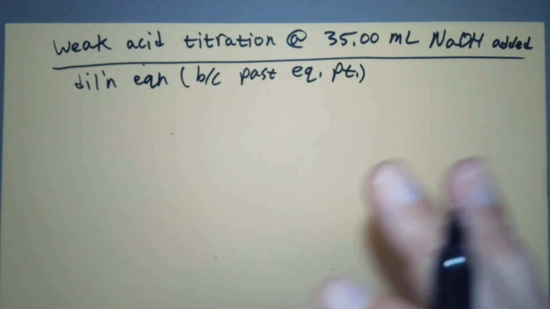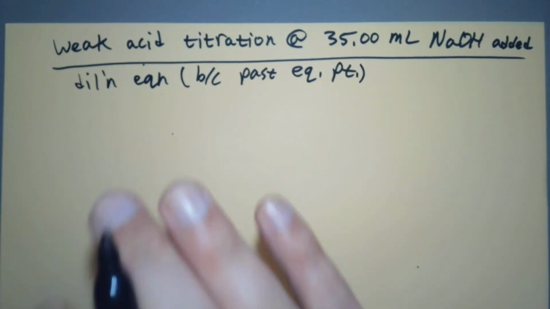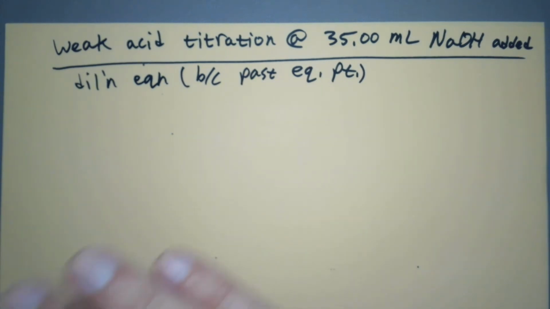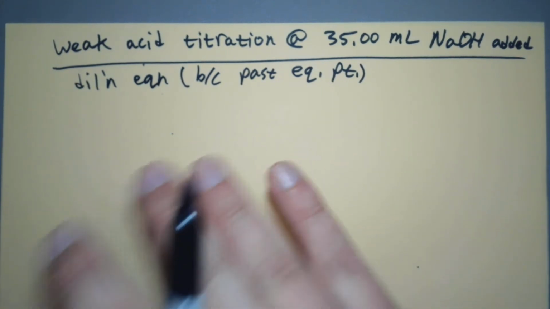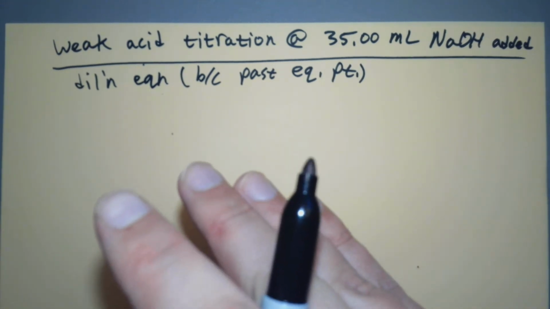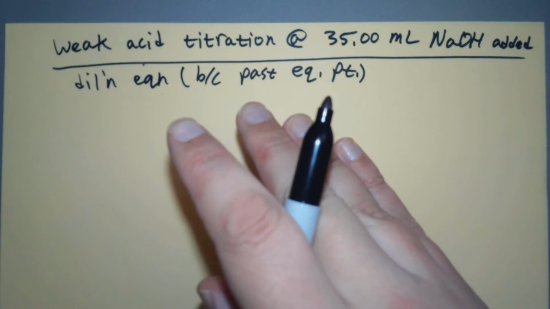And that's really key, I can't emphasize this enough, that you know where you are on that titration curve, because that's going to decide what you do. If you think you're in the wrong spot, you're going to do a completely wrong calculation.